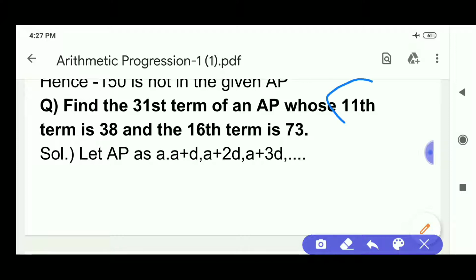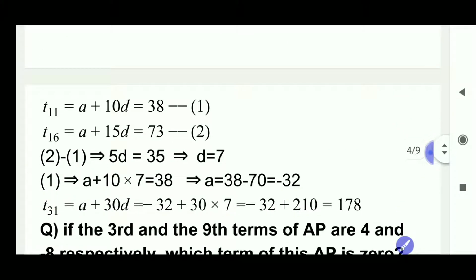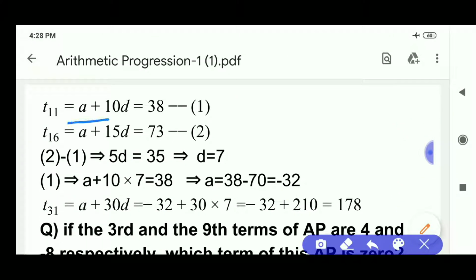Now, the 11th term is 38, the 16th term is 73, and we have to find the 31st term. Very simple. The 11th term means a plus 10d is 38. Say it is equation number 1. The 16th term means a plus 15d is equal to 73. Let it be equation number 2.